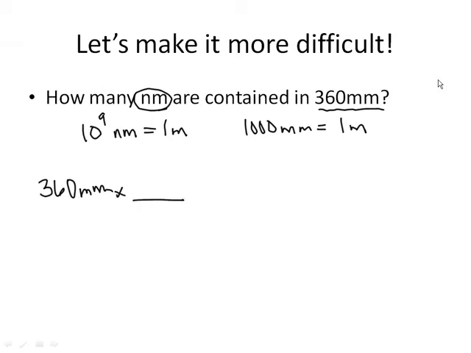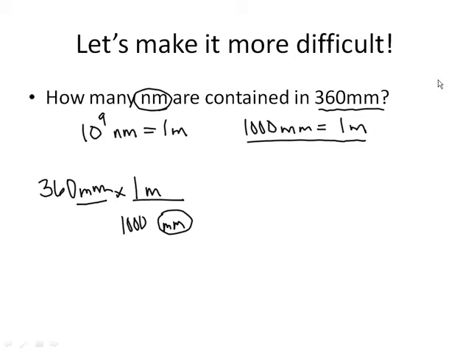I know that I want to cancel millimeters, and the only conversion I have that involves millimeters is 1,000 millimeters equals 1 meter. I know that because millimeters is up here, millimeters should also be down here, because I want to make sure that I'm canceling them out. So that means I'm going to say 1,000 millimeters in the denominator of my fraction, and I'm going to finish the ratio and put 1 meter on the top.